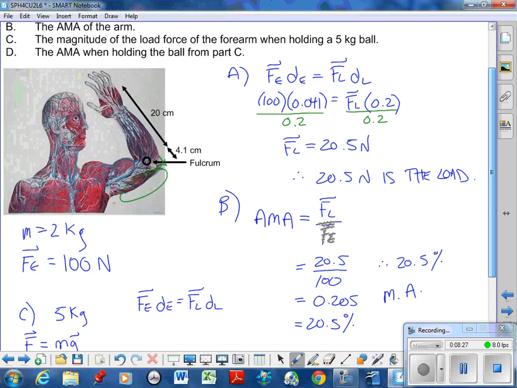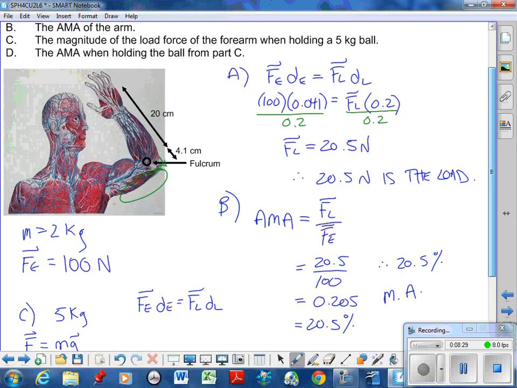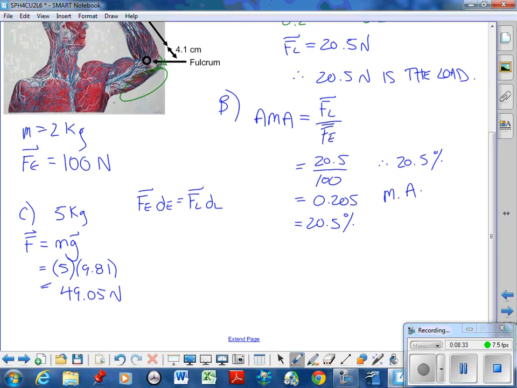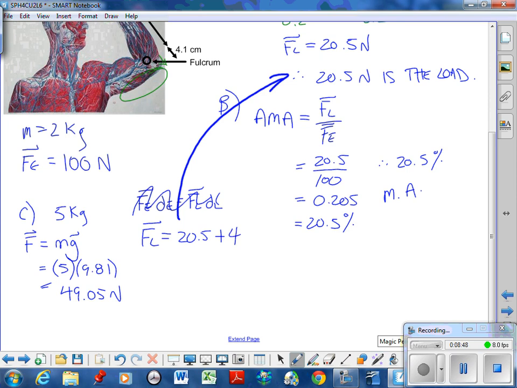So when I go to do that calculation again, FE DE equals FL DL, we are looking for the magnitude of the load force of the forearm. Oh, I just have to add that on. That works out all right. I don't even have to do that, so you can just cross that out. We know that the load force just to hold the arm is 20.5 newtons, from our answer from A part, plus, I guess the hard part of this question was calculating the force of the ball.